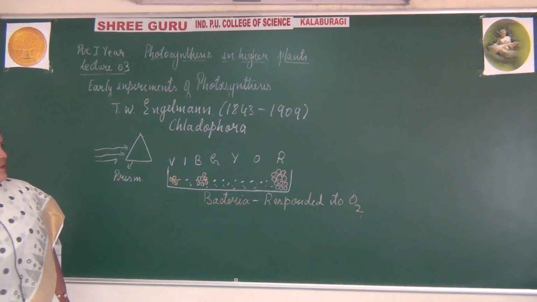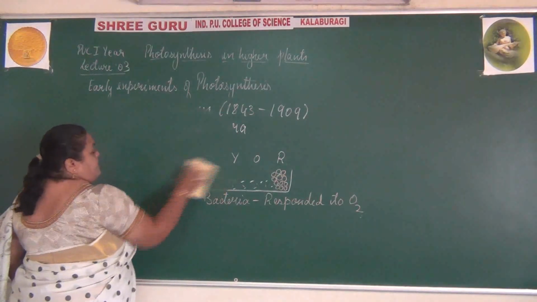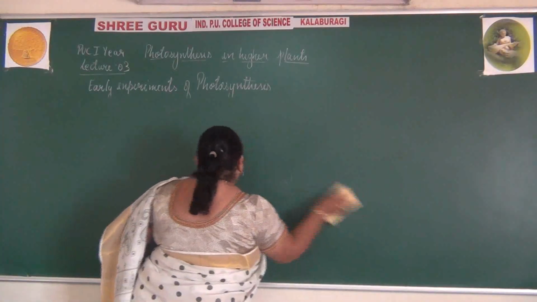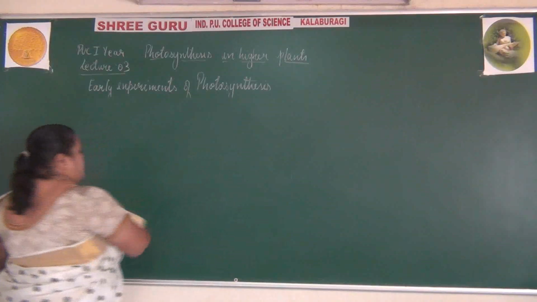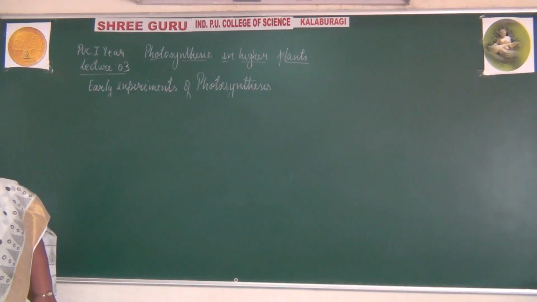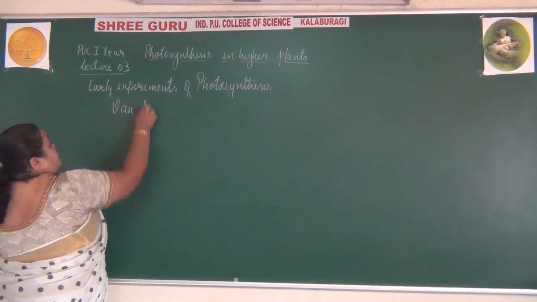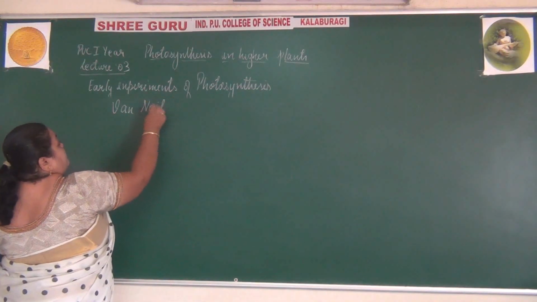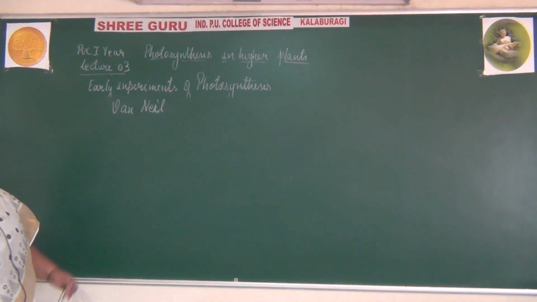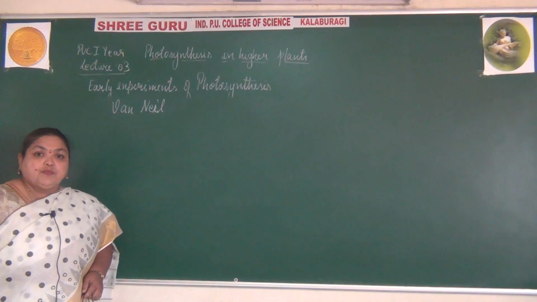Then one more experiment was done by Van Niel. Another scientist, Van Niel, conducted an experiment which changed the concept of photosynthesis.